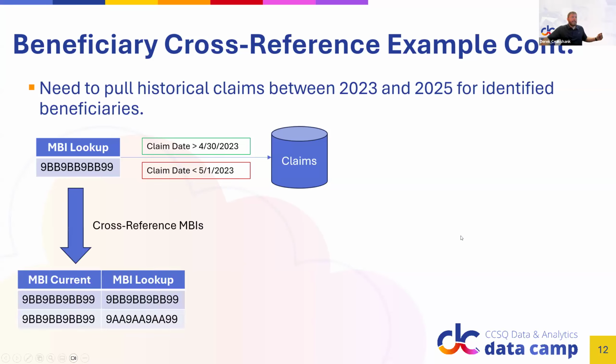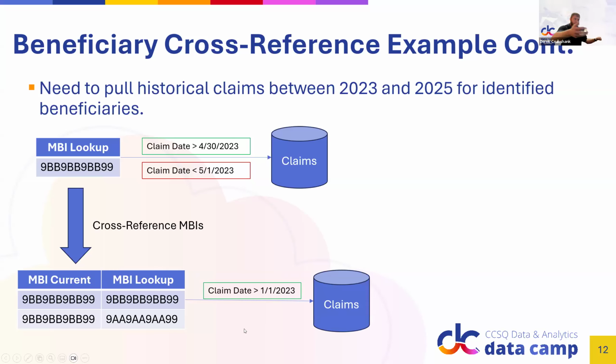So the idea here is that there is some sort of a cross-reference process where we can say, okay, here is the current value of the MBI for this beneficiary, and here are our MBI lookup values, which are basically the different MBI values that this beneficiary has had over its lifetime.